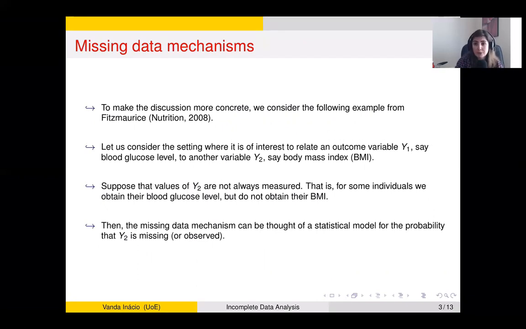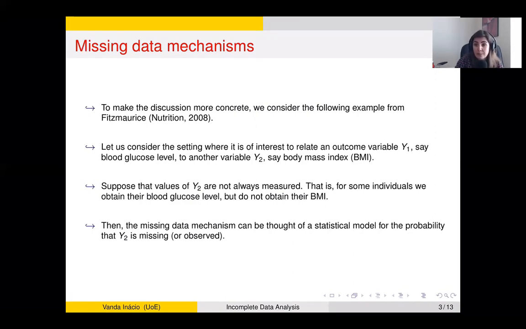Suppose that we are interested in the relationship between the variable y1 and the variable y2. To be concrete, suppose that y1 are the blood glucose levels and y2 is the body mass index, the BMI. And further suppose that while for all individuals in our dataset we have a record of their blood glucose levels, for some of them we do not have a record of their BMI.